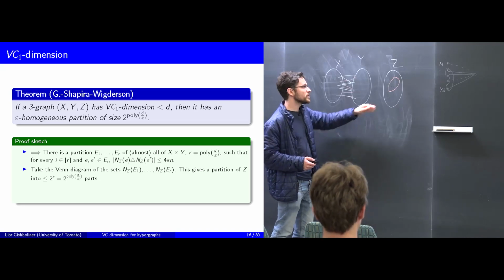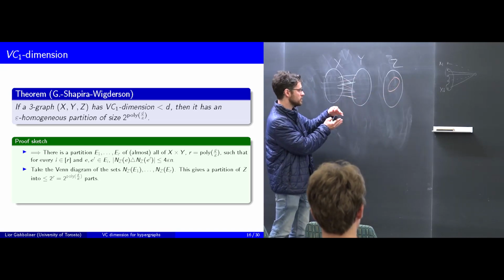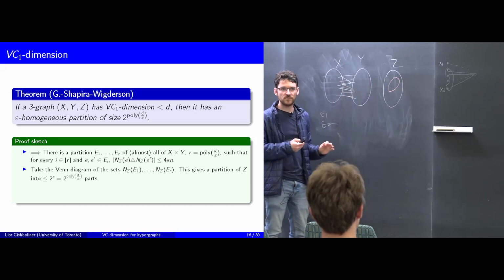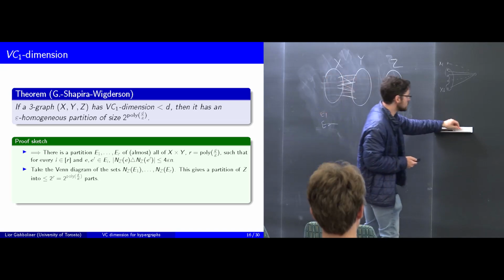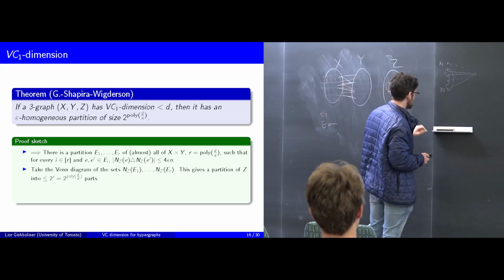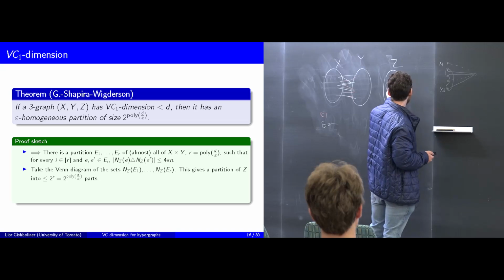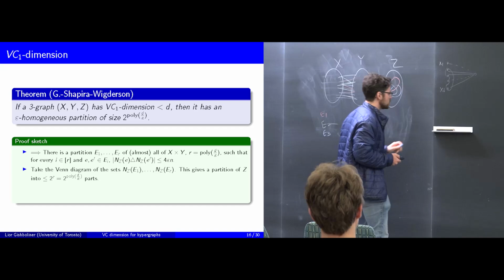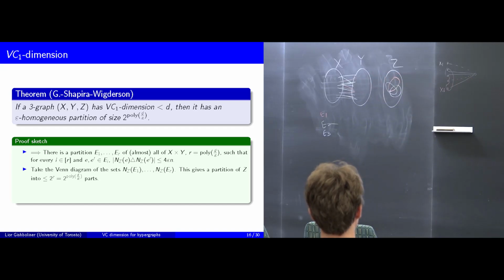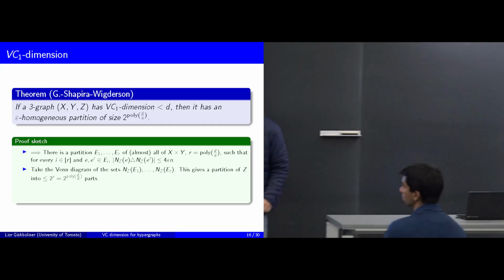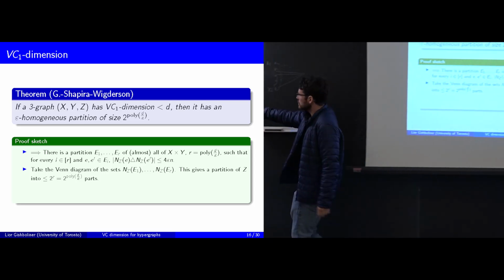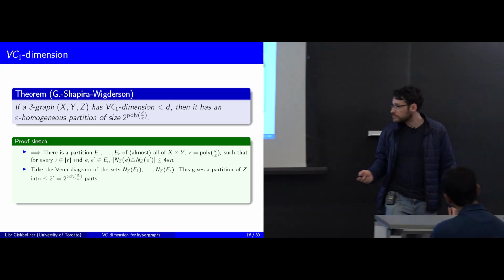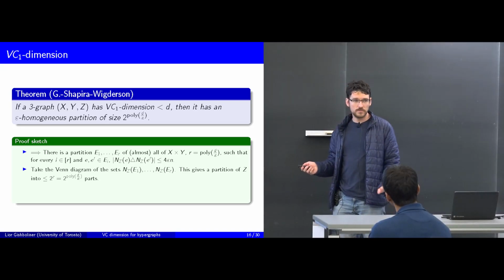Now, it's not really one set because it's a different set for each pair, but these sets are close to each other, so let me just fix one of them. So there is this set, and then there is a green set, and so on. Maybe blue is E3. So now I'll take the Venn diagram of these sets, and this will give me a partition of Z into 2 to the R parts. Okay?